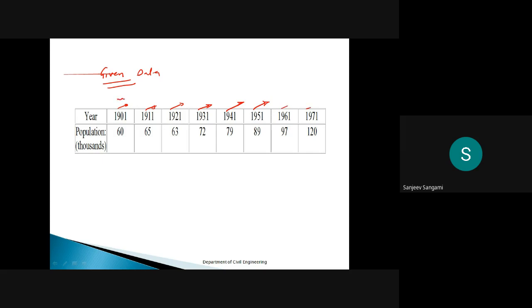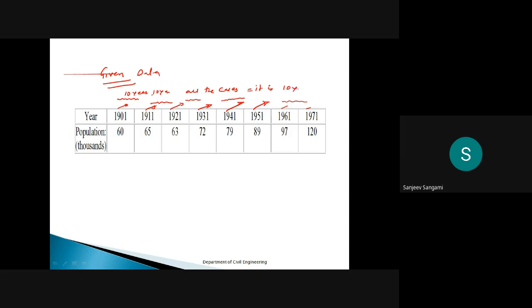If you see the difference between each of these, it is 10 years. Here also it is a constant 10 years, in all the cases.